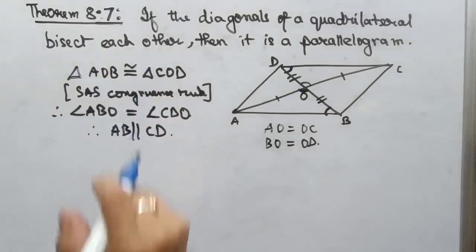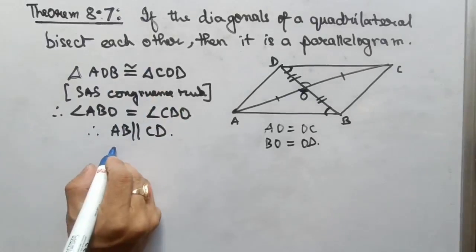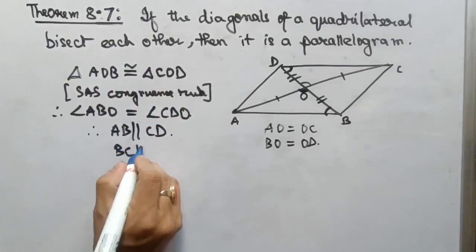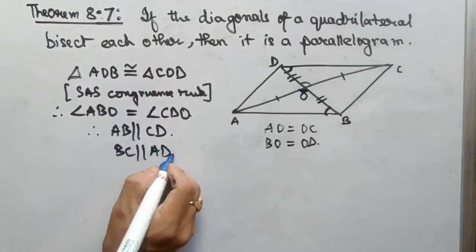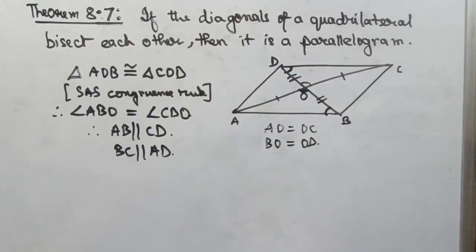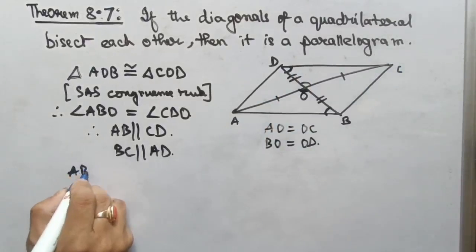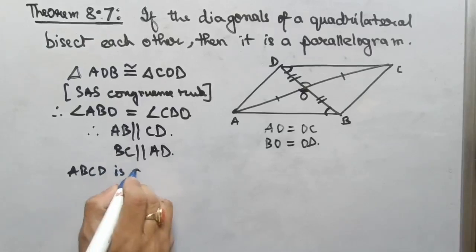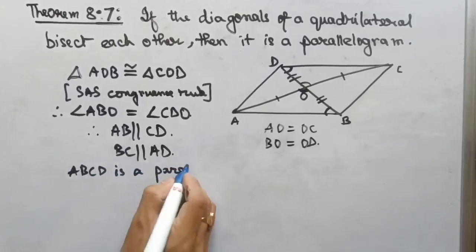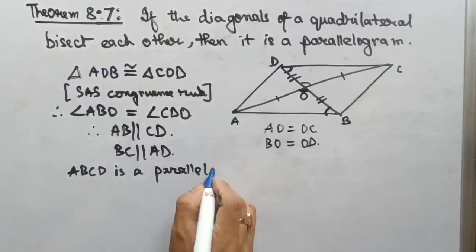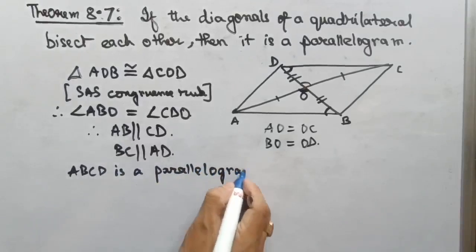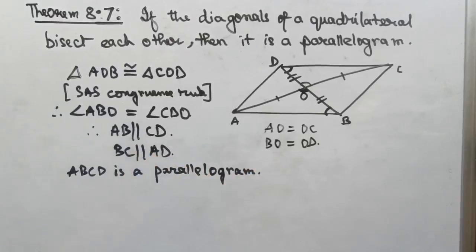Similarly, in the same manner, we can derive line BC is parallel to AD. Since the opposite sides of this quadrilateral are parallel to each other, quadrilateral ABCD is a parallelogram. Hence, proved.